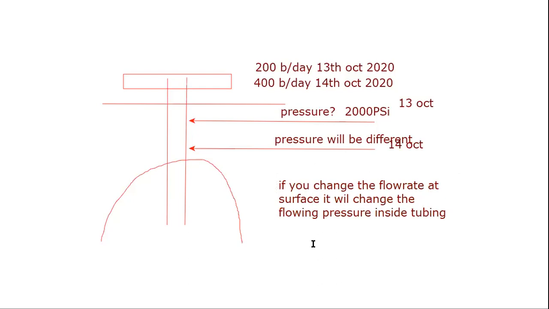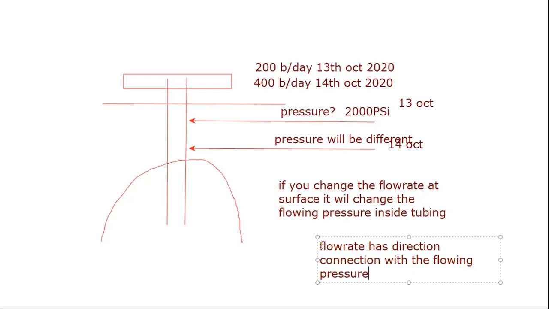Okay, so flow rate has a direct connection with the flowing pressure. Higher the flow rate, less will be the pressure inside. So it has the direct connection. Flow rate has direct connection with the flowing pressure.